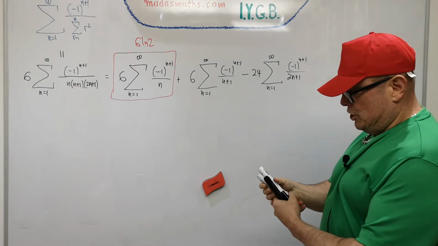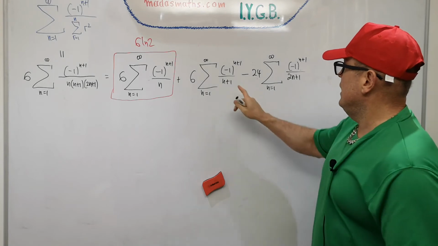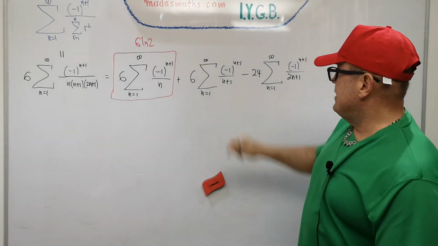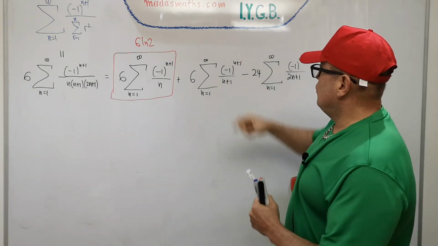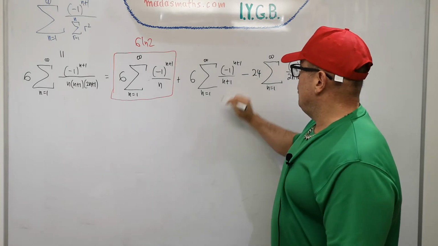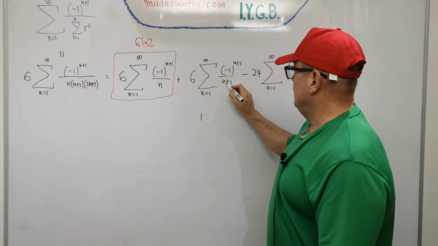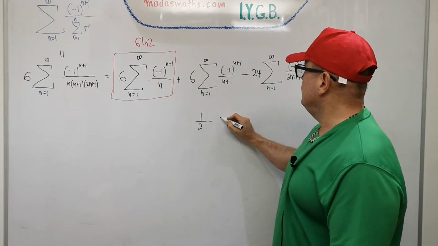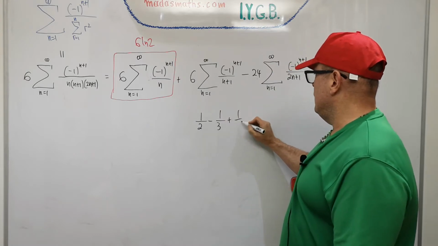So we generate some terms for this one also, in the hope that we might recognize it. It's very similar, isn't it? I mean, it's exactly the same thing, but we've got this n plus 1. How does that change things? Okay, when we're putting n equal to 1, we start with a positive term. So it alternates positive, negative. For n equal to 1, it starts with a half minus a third plus a quarter, I see.